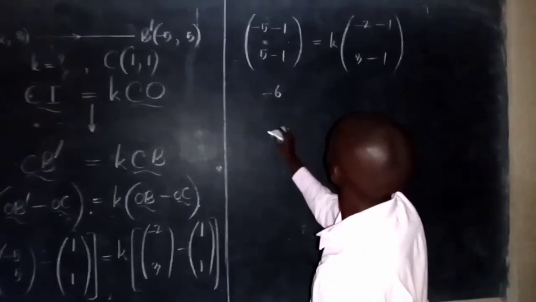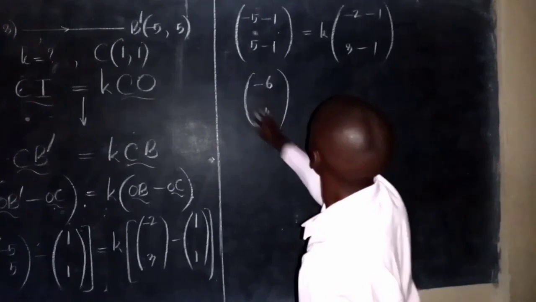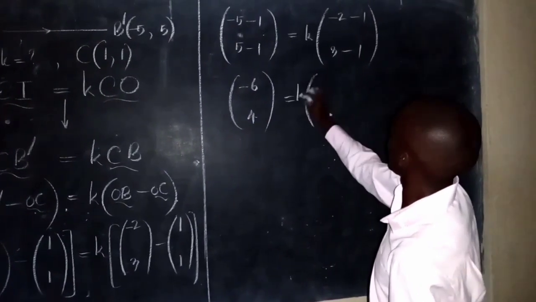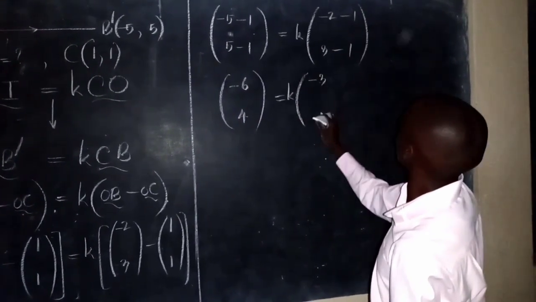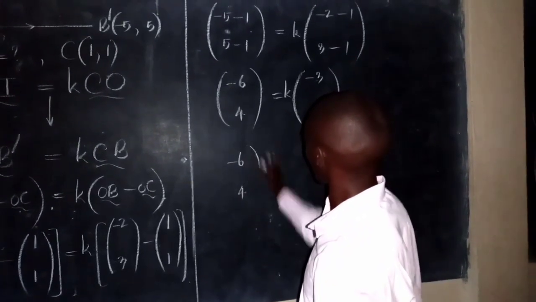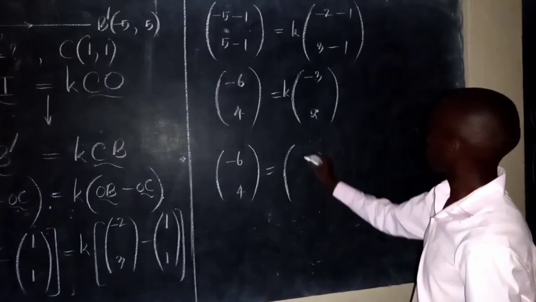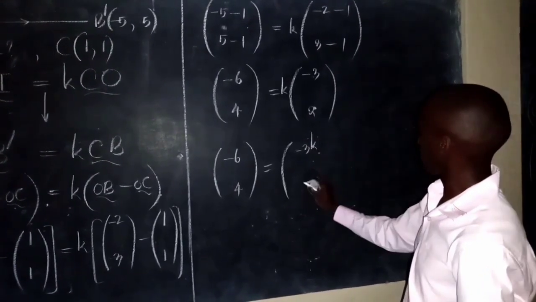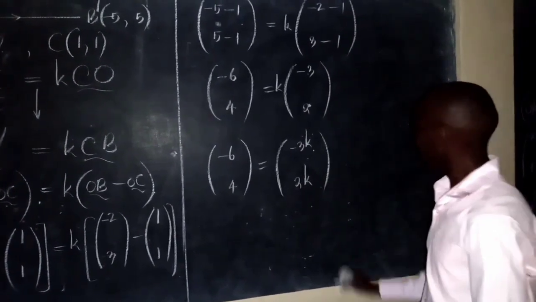This gives us negative 6, 4, which is equal to k into negative 3 and 2. When you open brackets, this will equal negative 3k and 2k.